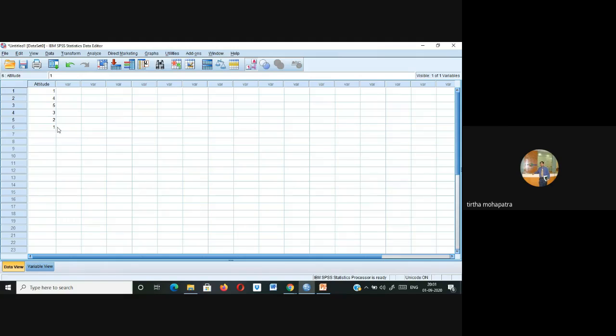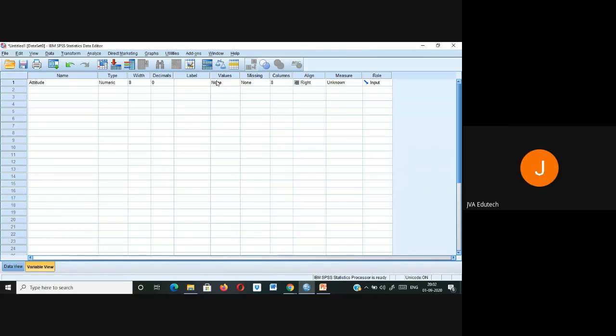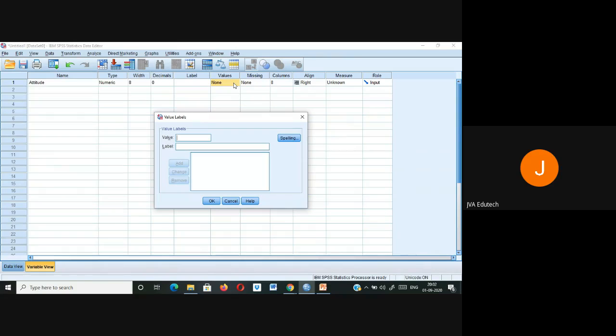Will SPSS ever be able to understand what these 1, 2, 3, 4, 5 mean when we analyze it? No, we have to tell it what exactly each one indicates. I think that is actually what you wanted to know, how to define that. It's very simple. Go to Values and click on it.